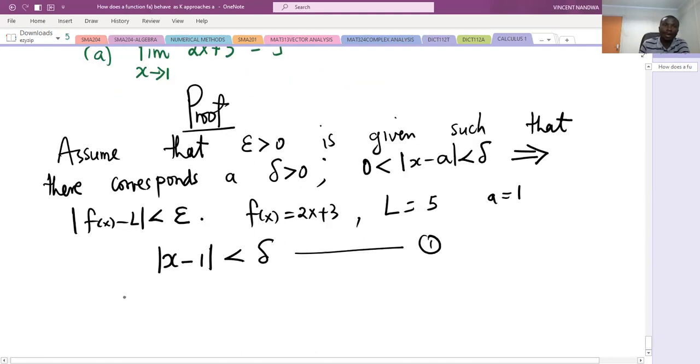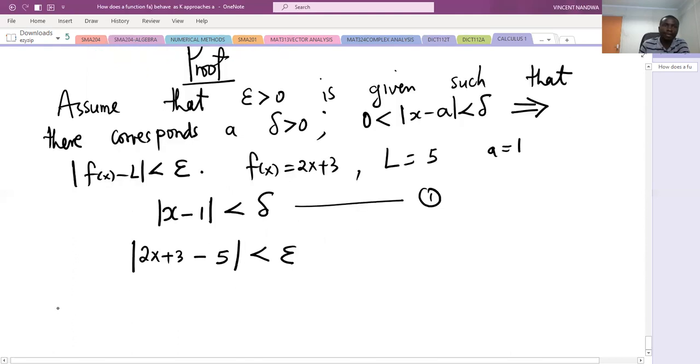And then our absolute value of f of x, which is 2x plus 3 minus L, which is 5, must be less than epsilon, which implies that absolute value of 2x minus 2 is less than epsilon.